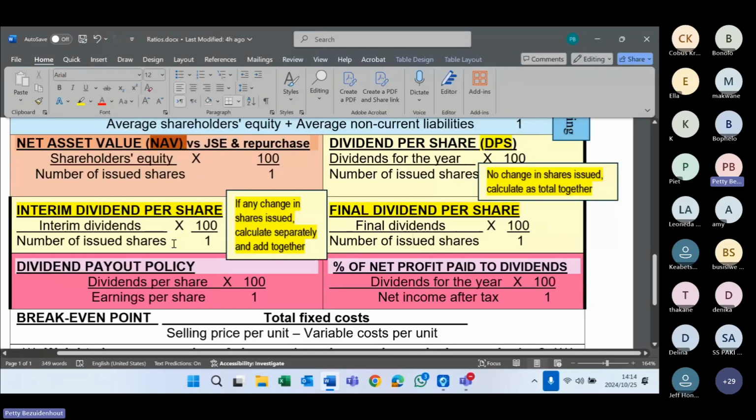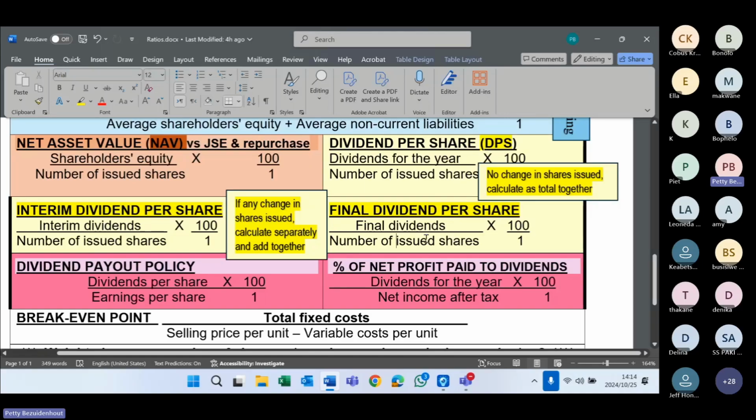So say, for instance, here you divide by 2 million, but on this side, it's going to be 1.8 because we repurchased some of the shares. Make sure about this calculation. This is also one of the repetitive questions that I picked up in the trial papers of the different provinces. So that will be your dividend calculations.